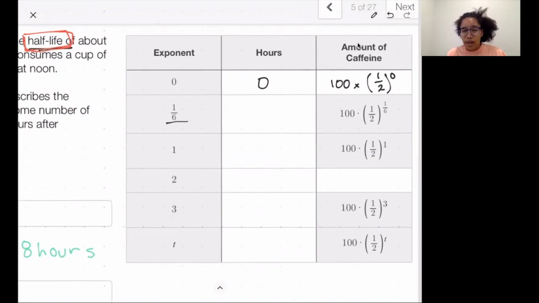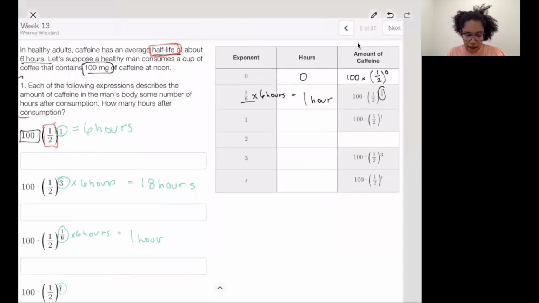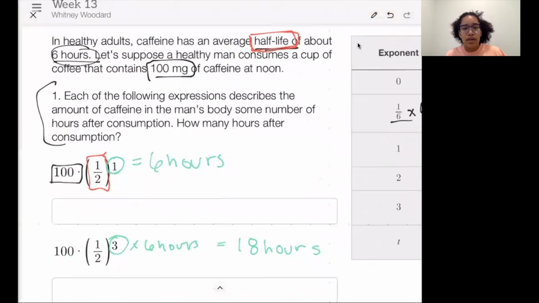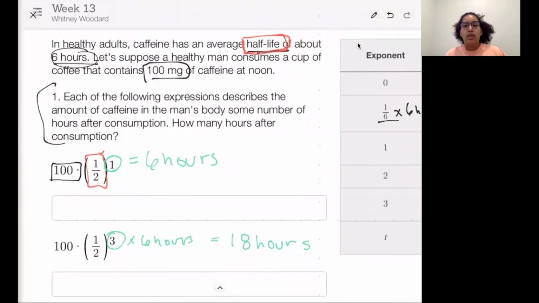So how many hours is that representing? That's representing 1/6 of the time period, and each time period has 6 hours. So this is representing 1 hour. And notice we're not putting in 1 as our exponent, because the exponent is representing the time period, the half-life of 6 hours, because we know that caffeine will decay half the amount every 6 hours.